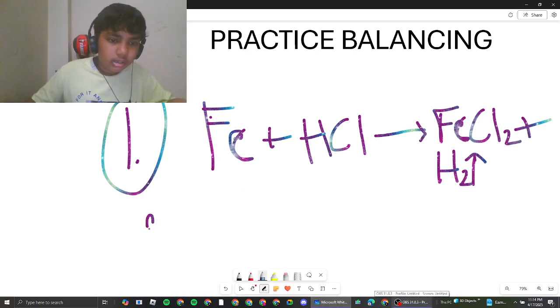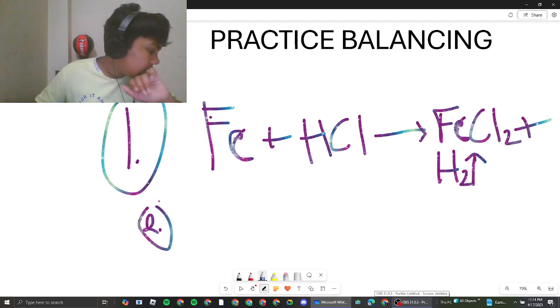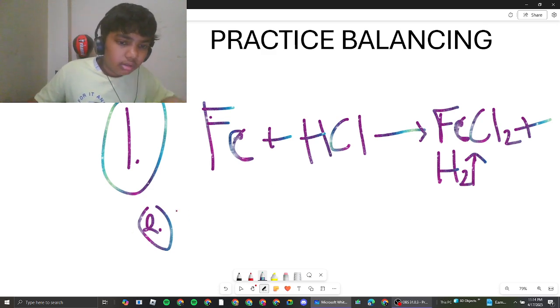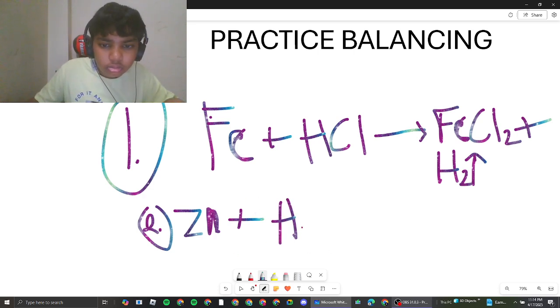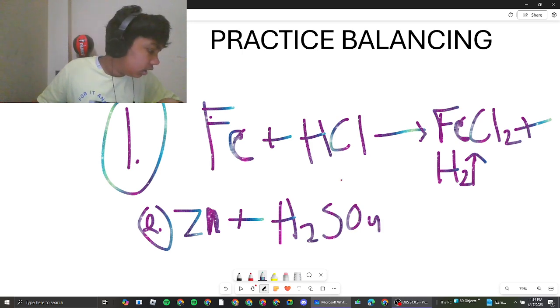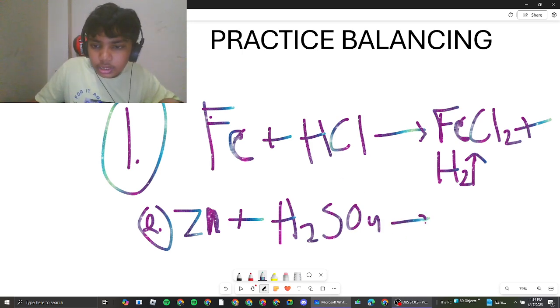Now second one. I'm not going to give much. Here, zinc plus H2SO4 gives ZnSO4 plus hydrogen gas.